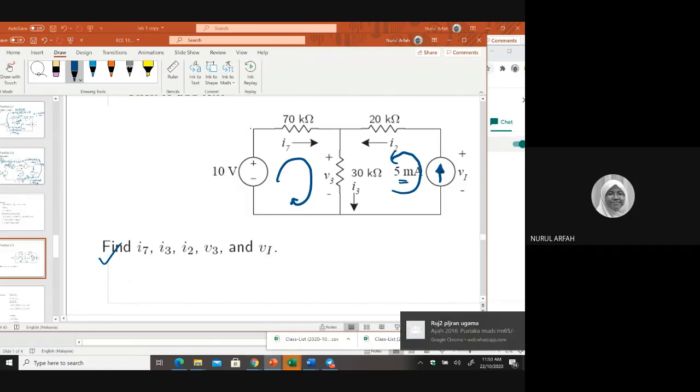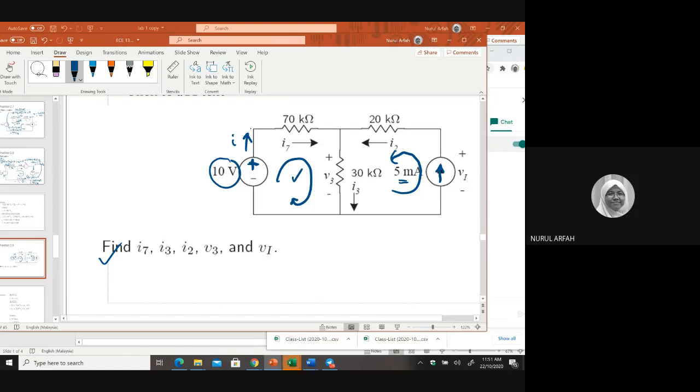If you want to make your life easier, you just follow the 10 volt source with that passive sign convention. It says that the current will be leaving the positive, right? So you get the imaginary current in the clockwise direction.